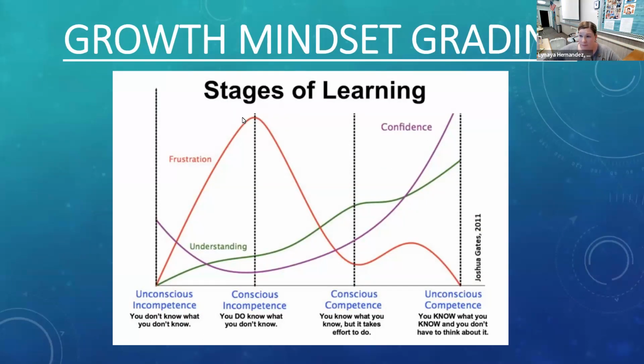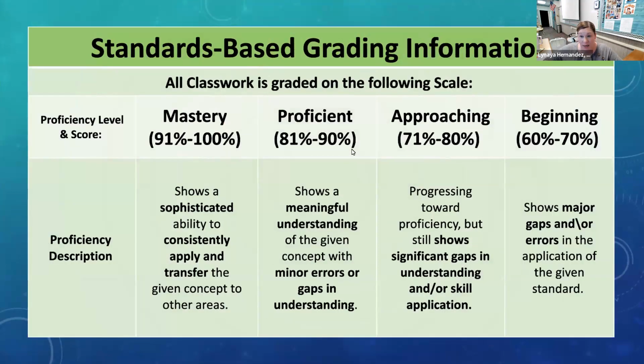But a lot of students, they give up and get frustrated before they ever get past this frustration point. So just know that if you're feeling frustrated, you can move past it. And once you move past that frustration point, then you can really start to gain skills and confidence in the class. And the grading is set up that way.